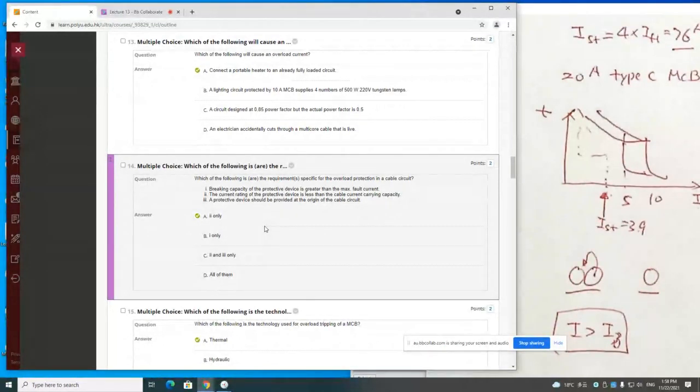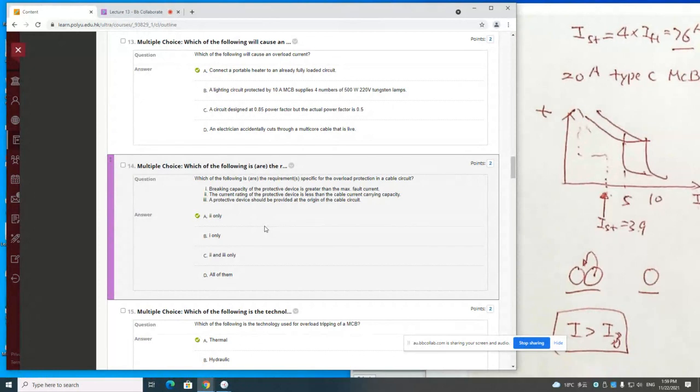13. Which of the following will cause overload current? I think this is relatively straightforward, and I already gave you the answer. A, connect a portable heater to an already fully loaded circuit. This is certainly overload current.